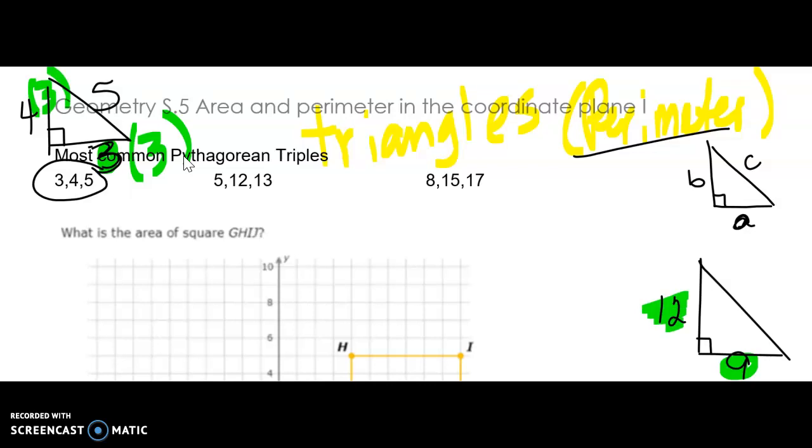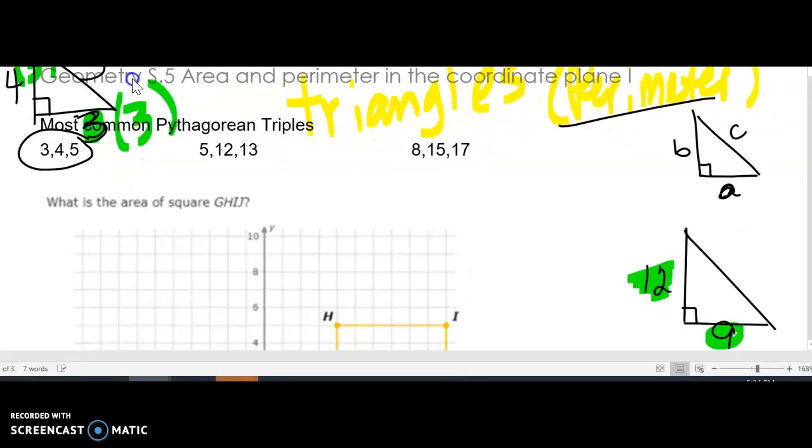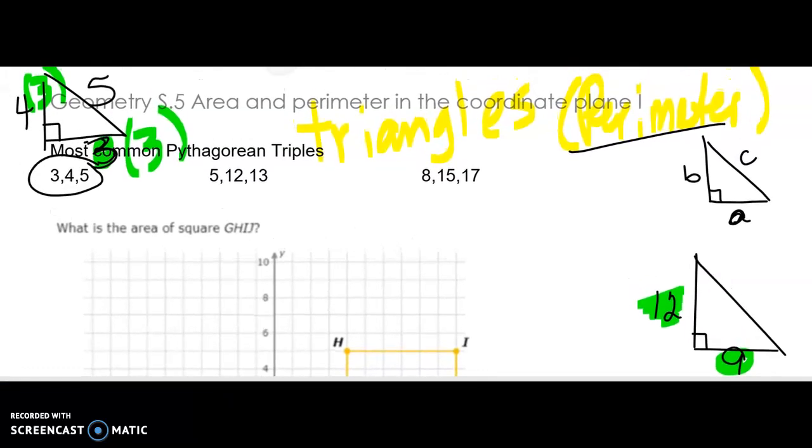That being said, you could multiply 5 by 3 and get 15. So you don't have to use the Pythagorean theorem on triples if you know what a triple is.